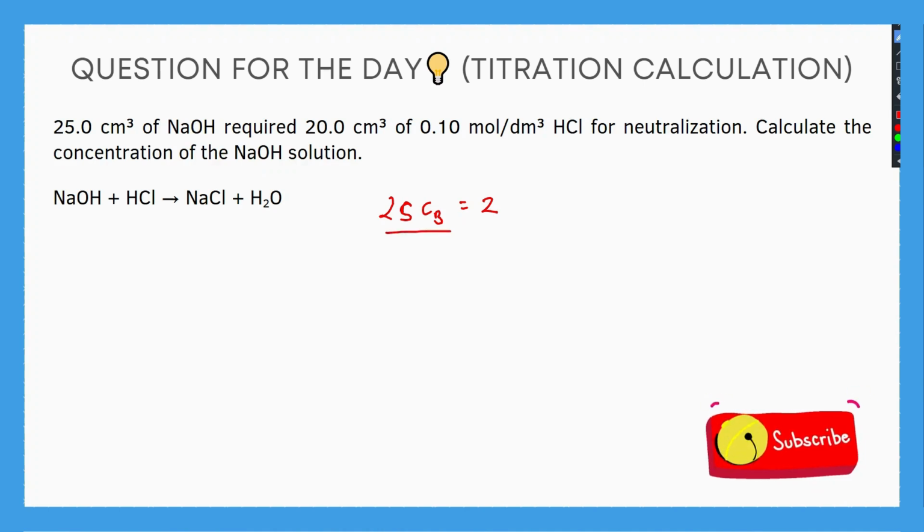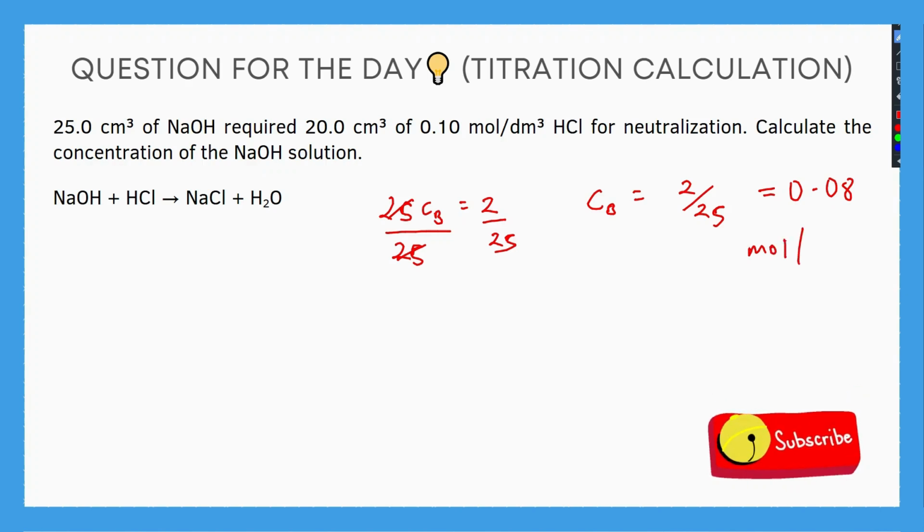How do we do that? We simply divide both sides by 25. So this cancels this out. Cb now will be equal to 2 divided by 25. If we punch our calculator and say 2 divided by 25, what we end up having is 0.08 moles per dm cube.